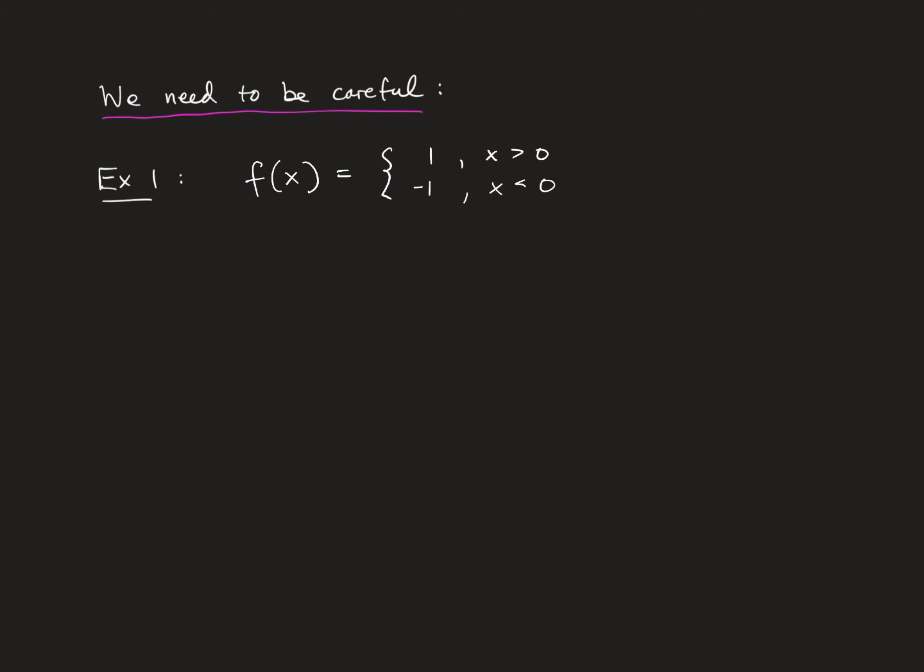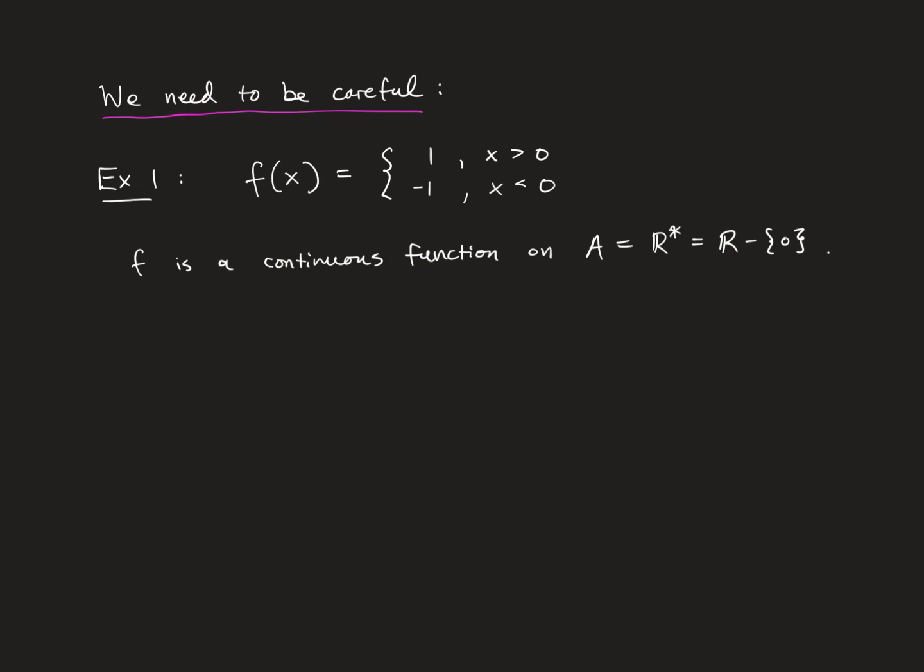So f is a continuous function on the domain A, which is the real numbers minus 0, often denoted R star.